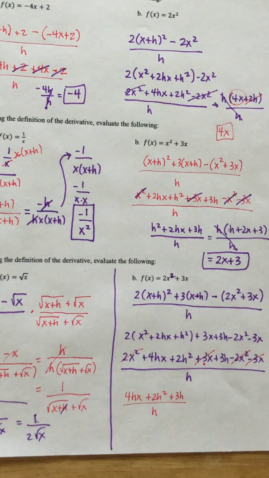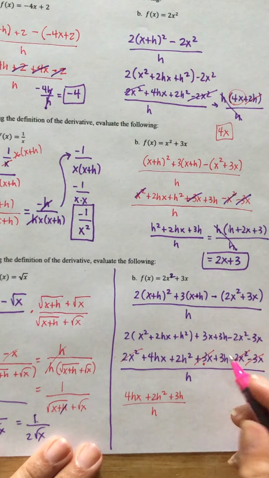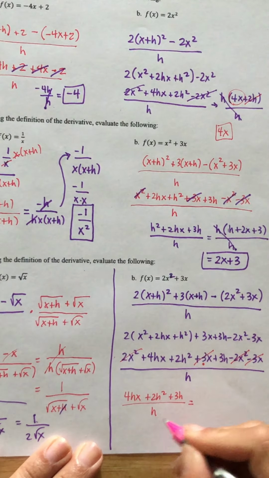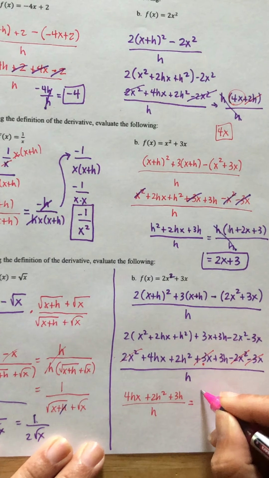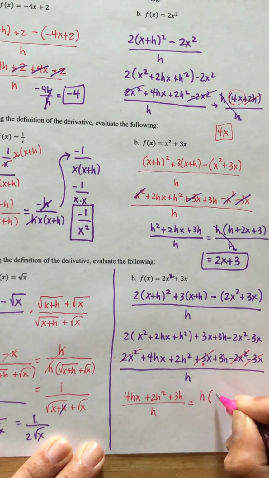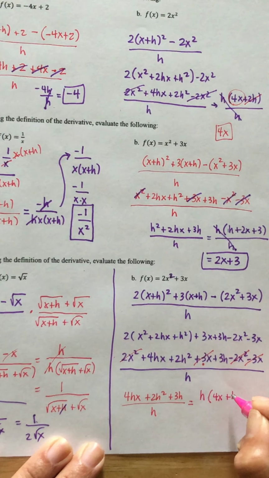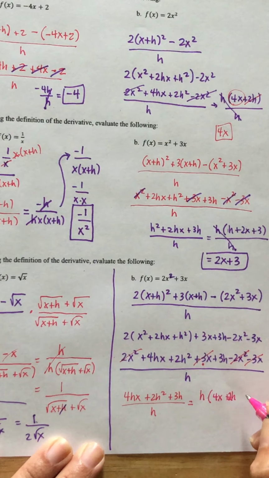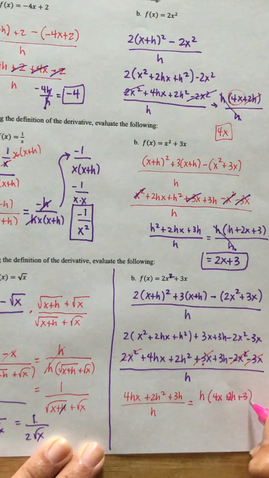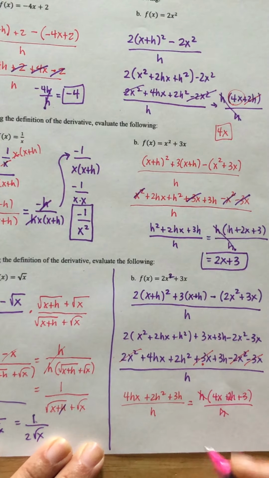So when we factor out an h, let's get rid of the h. Again, we want to get rid of this h. So h on top times 4x plus 2h plus 3, all over h.